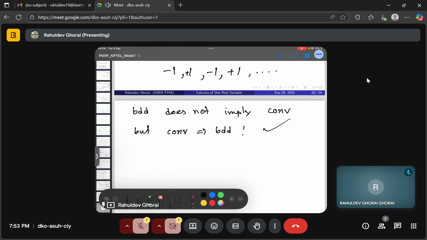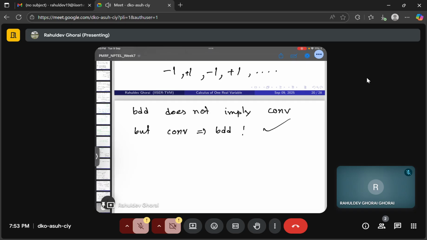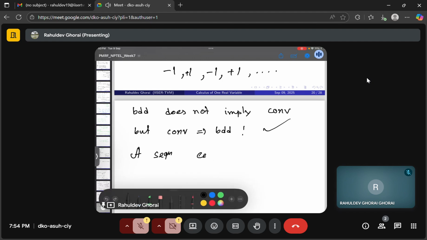This you can check. Also, a sequence can have at most one limit.